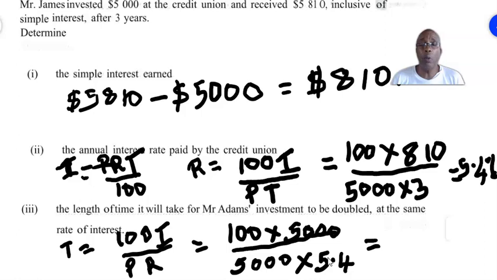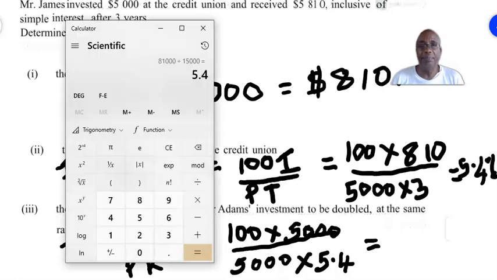So that's the equation. We just use our calculators and get the answer. 100 times 5,000, we just add 2 zeros to the 5,000. So 5,000 and add 2 zeros, divided by 5,000, and then divide that by 5.4.